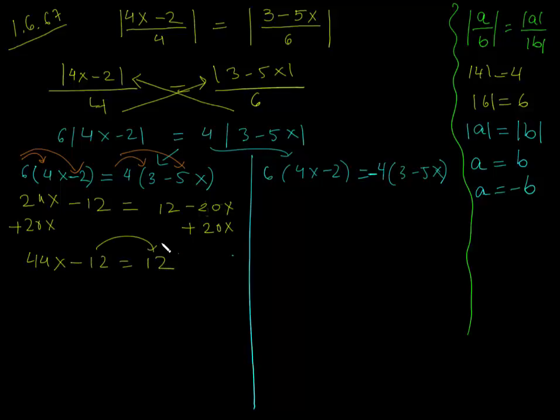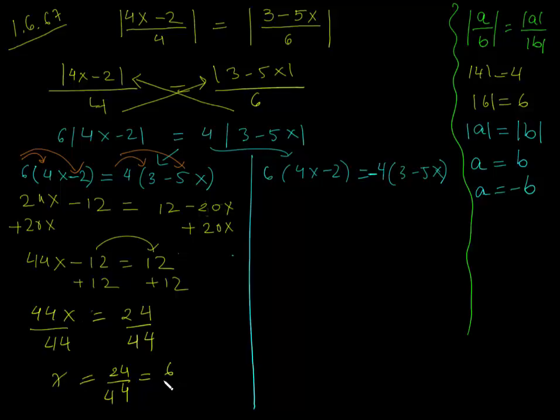Adding 12 to both sides, you get 44x equals 12 plus 12 is 24. Dividing by 44 on both sides to isolate x, we get 24 over 44, which can be reduced to 6 over 11. So that's your first solution of this question.